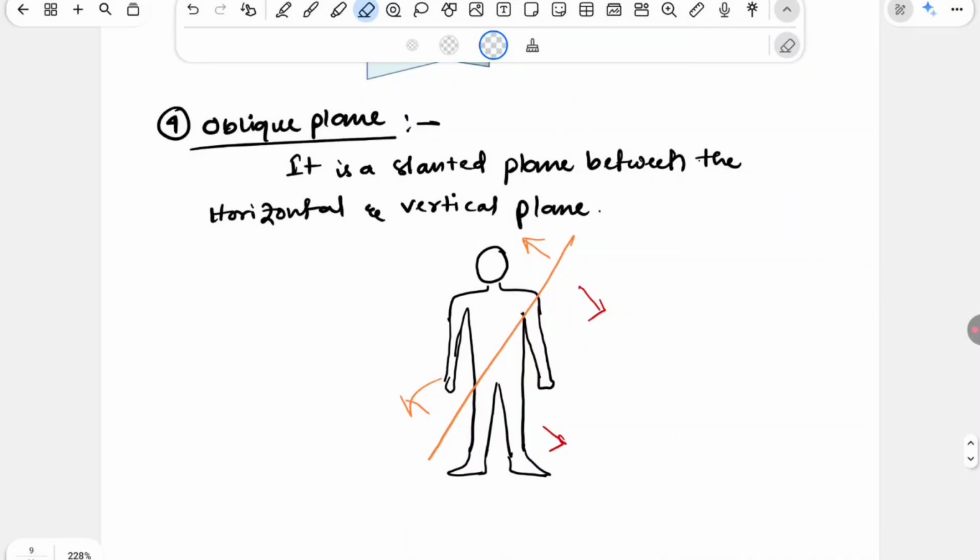And oblique means we cut corner-wise, from one side upside to downside, and that is called the oblique plane.